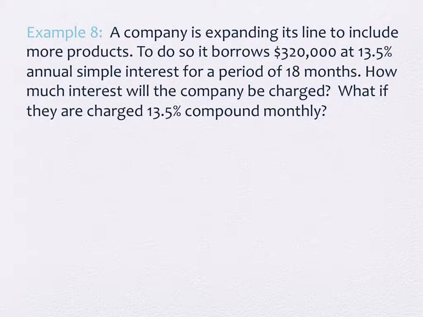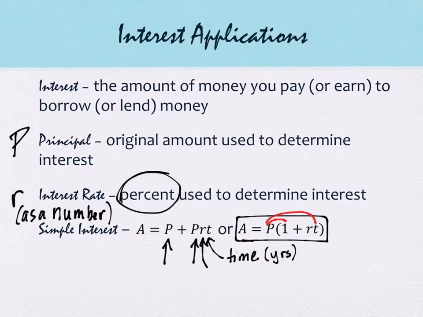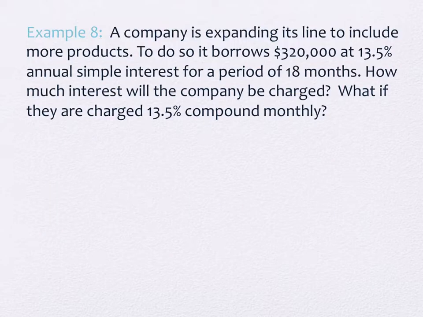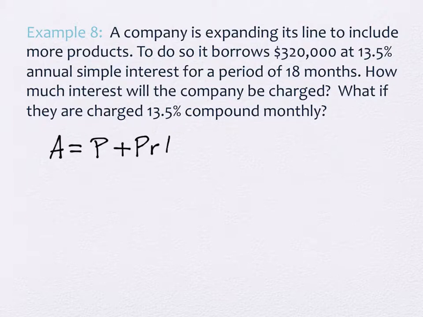So we can use either version of this formula. Do you guys like the first one or the second one? First. Okay, we'll use the first one. So the formula that you've chosen to use is A equals P plus PRT. Okay, so P, principal. What's the principal in this problem?